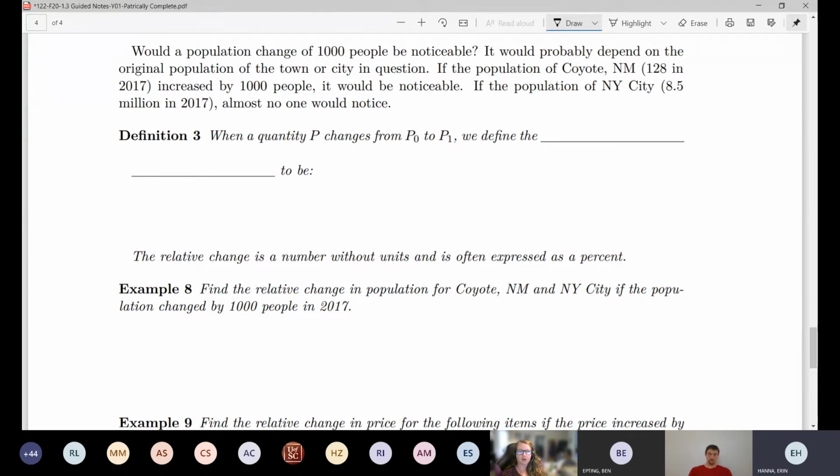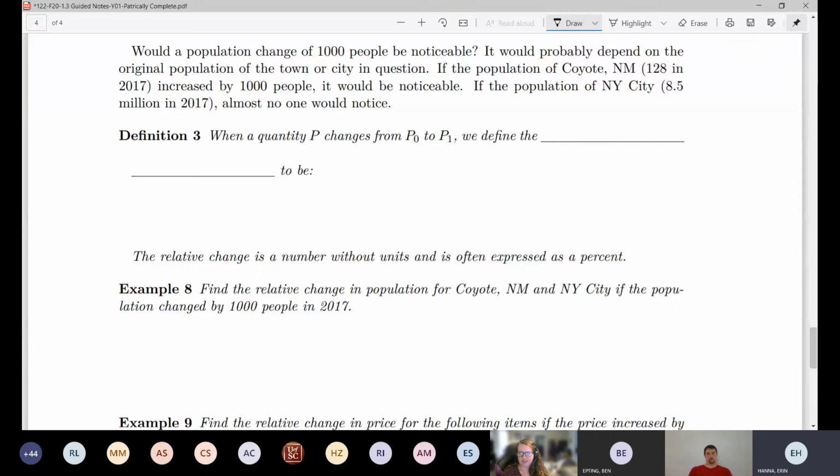So imagine if I asked, would you notice a population change of 1,000 people? The answer would probably depend on where you live. If you live in Coyote, New Mexico, which only had 128 people in 2017, so let's imagine it's 2017, and 1,000 people decided to move there, they would definitely notice, because all of a sudden there's way more people than there used to be.